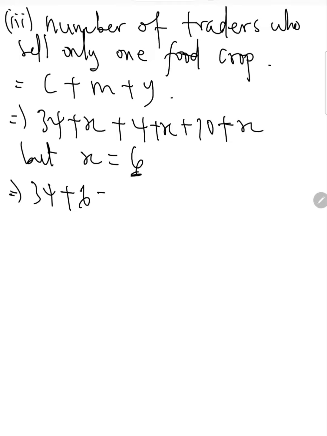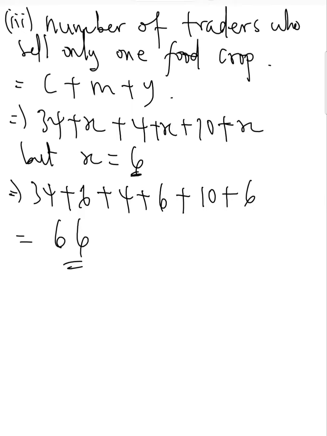So plus 6 plus 4 plus 6 plus 10 plus 6, which will give us 66. So it means 66 traders sell only one food crop, or 66 traders sell one food crop only, and that's it.